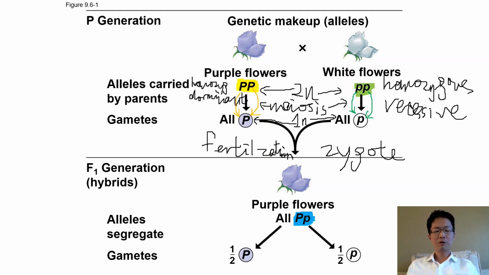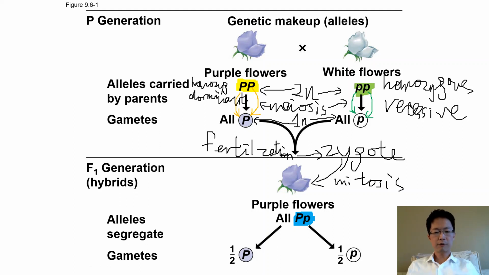And then it will grow and become an adult plant. So fertilization gives you the zygote, and then the zygote will go through mitosis, and then cells divide, and then you will have an adult plant.